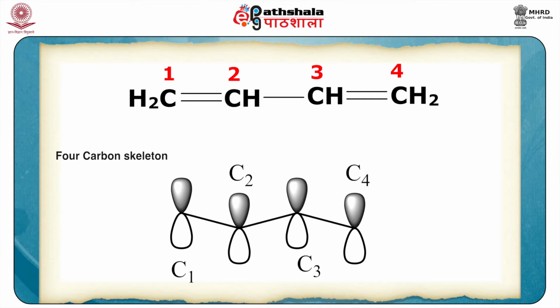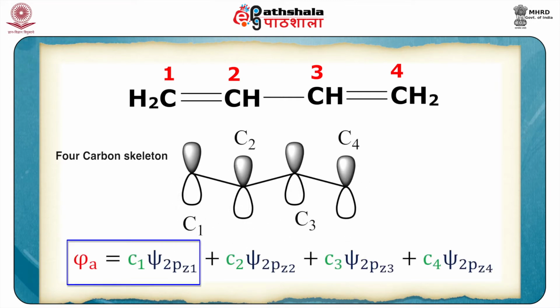Now, the first thing we have to do in HMO, as you all know, is to approximate the molecular orbital. So for this molecule, the molecular orbital can be assumed to be written in the following form: phi_A is equal to C1 psi 2pz1. Psi 2pz1, please remember, is the pi orbital which is in the z direction and is centered on carbon atom labeled 1.